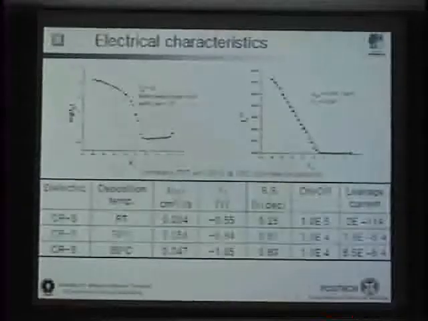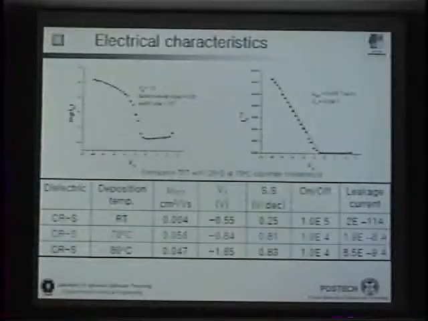Next slide. And also we measured the transistor characteristics. This CRS resin has a dielectric constant of about 15, so we expect to get better transistor performance, for example, low threshold voltage, low subthreshold swing, and high on-off ratio. And this is the level of leakage current.